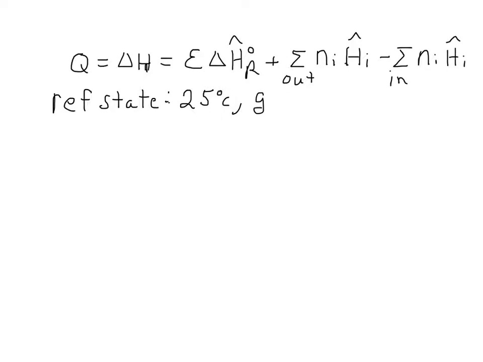So our table will have these headings: the species, the number of moles in, the specific enthalpy of each of those chemicals as they are coming into the reactor. I like to have another column in here which is the total enthalpy, which is the number of moles times the specific enthalpy, in, and then also the same columns for the outlet material.